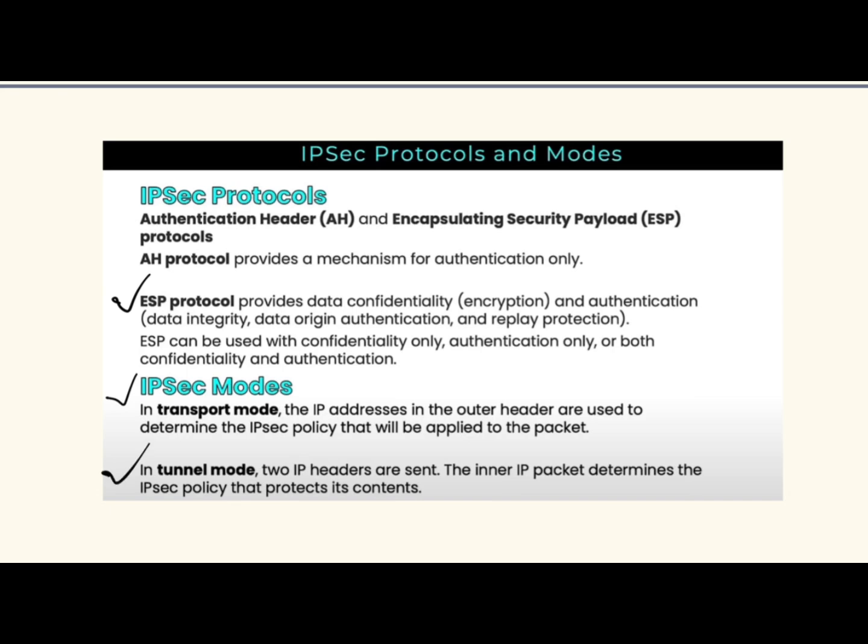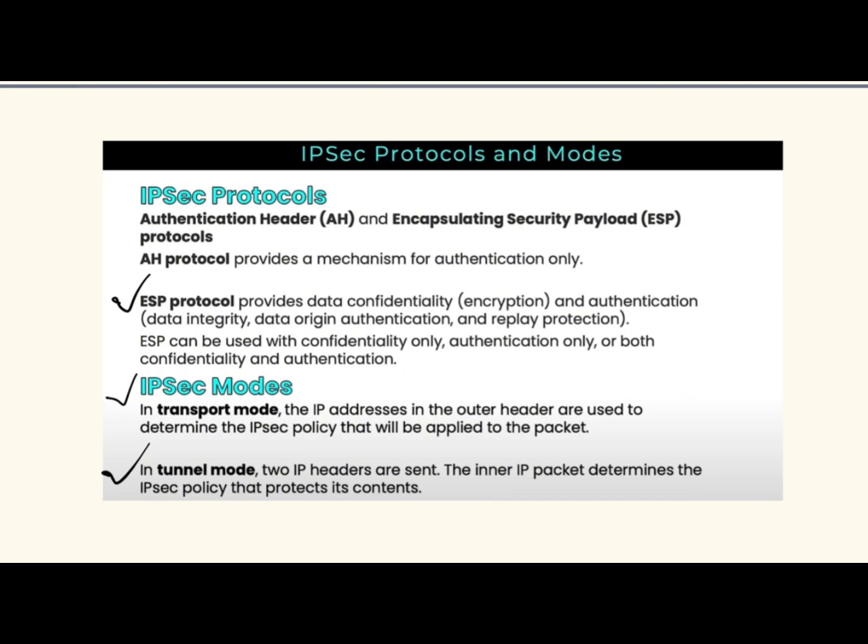The second one is tunnel mode. The use cases for tunnel mode are network to network or client to network, for example, VPN. It protects the entire original IP packet along with the payload, so both header and payload.